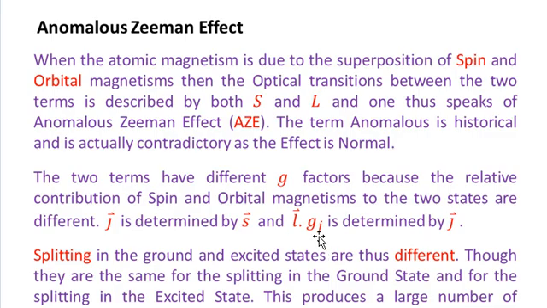This Gj is actually the Lande G factor for the total angular momentum of the system, which is capital J.